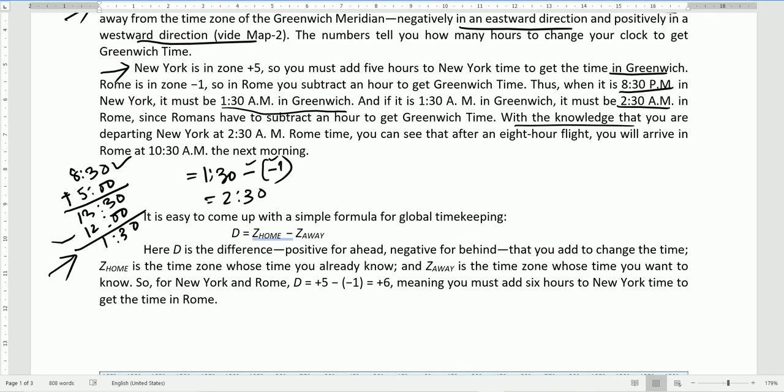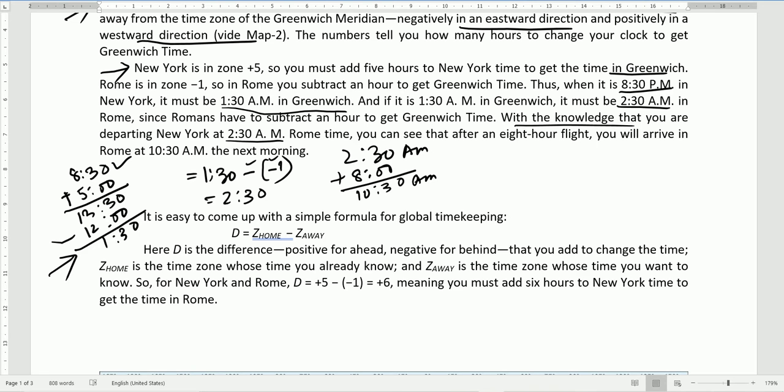So you are going to leave New York at 2:30 a.m. in Roman time, and after an 8-hour flight, that is the duration of the journey, 2:30 plus 8 hours is 10:30 a.m. You will arrive in Rome at 10:30 a.m. the next morning.